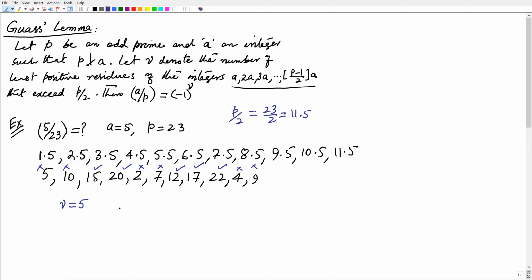By Gauss Lemma, the Legendre symbol of 5 over 23 is minus 1 to the power 5, which equals minus 1. So 5 is not a quadratic residue of 23.